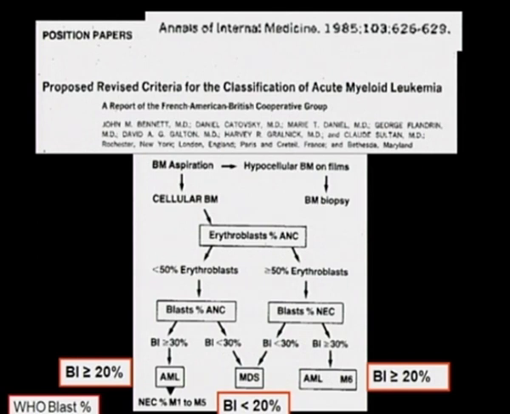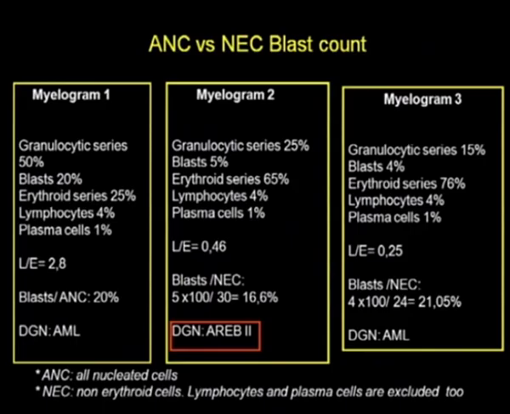On the other side, if we have, as usually we have, erythroid percentage less than 50% for the diagnostic pathway, we will use the blast percentage out of all the nucleated cells. And in this slide, I have reported 3 different myelograms to show how important it is for the final diagnosis to follow this pathway.